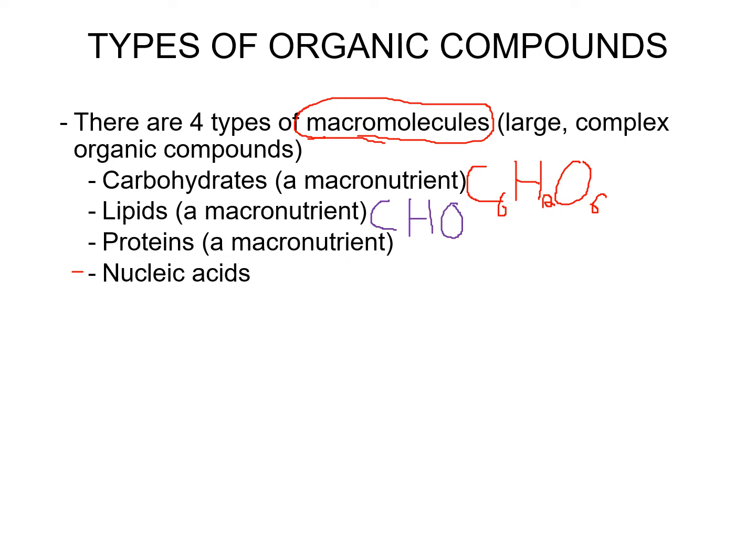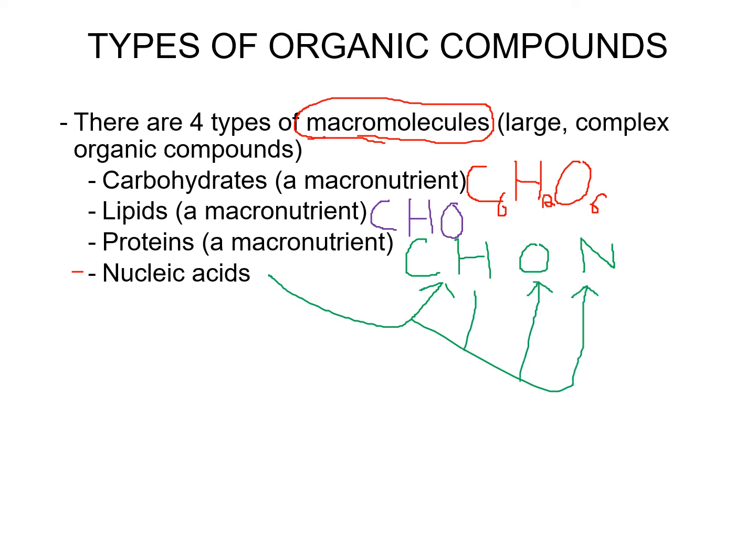Look at proteins. Main ingredients of a protein is CHO, and then that's where we get that nitrogen from. So you see the CHON. Same thing with nucleic acids. Main ingredients, CHON.